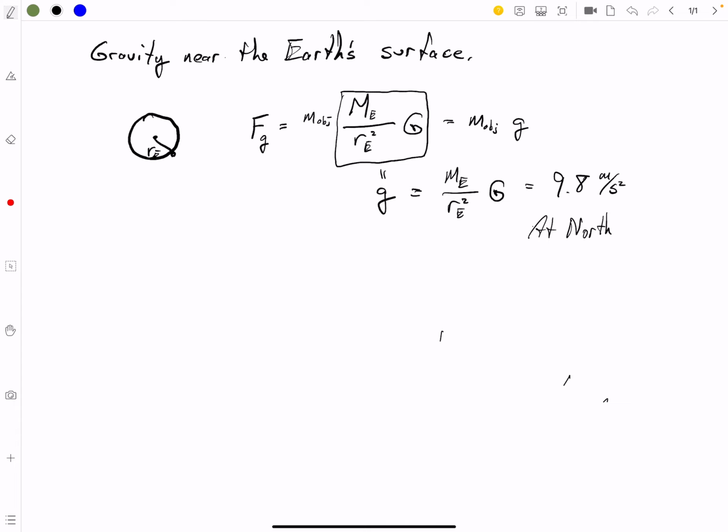You're at the North Pole. There's nothing throwing you away from the Earth. So at the North Pole, it's actually 9.83 meters per second squared. So I thought that was interesting, and you'll see the problem. But at any rate, it's definitely different for different points on the surface of the Earth.